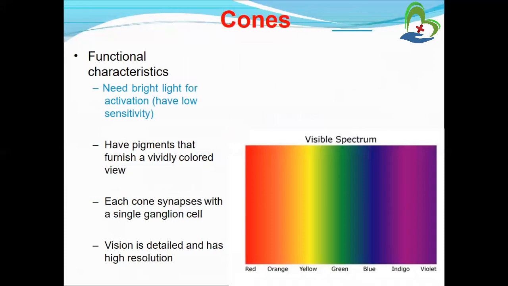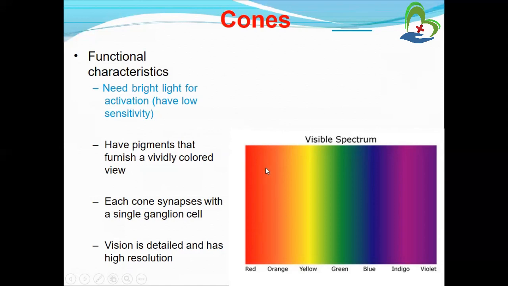And cones. What are cones? They are also part of the photoreceptors, but they are activated in bright light. The functional characteristics of cones: they need bright light for activation, meaning they have low sensitivity, and have pigments that furnish a vivid color view.